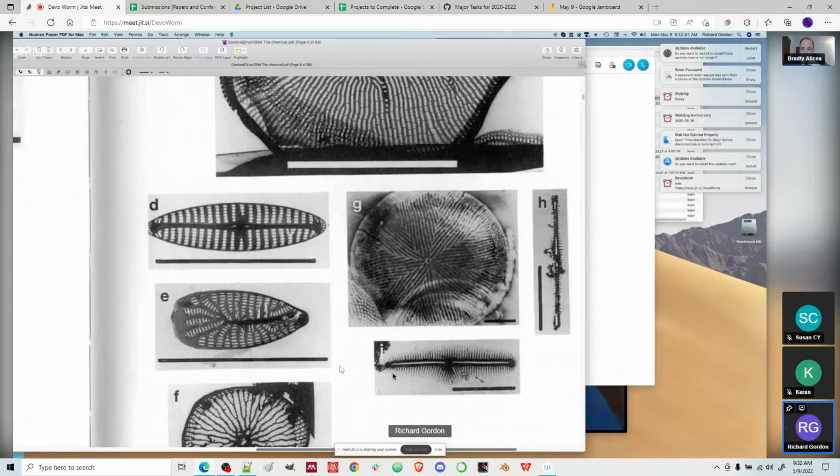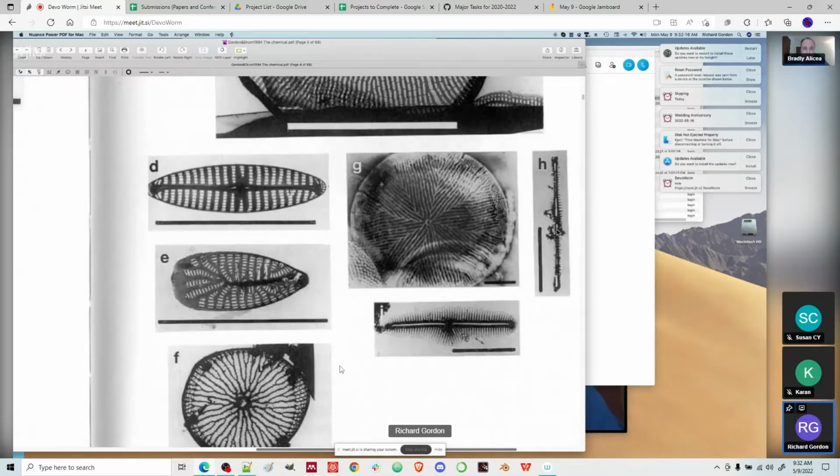There's an earlier one that just started growing. This has grown almost completely, and this will be normal. Here's another aberrant, short raphe, radiating. And this might be a different species. I have to check.